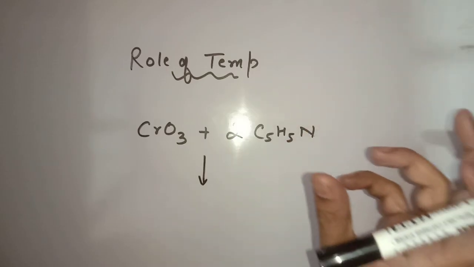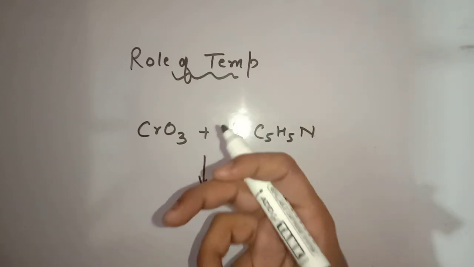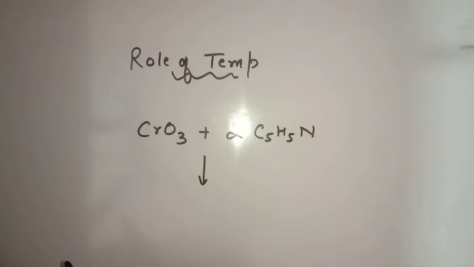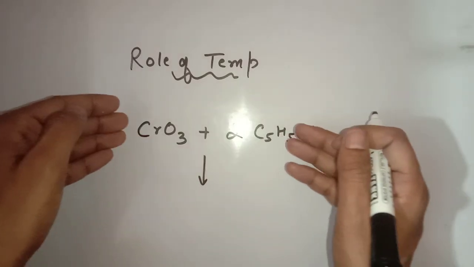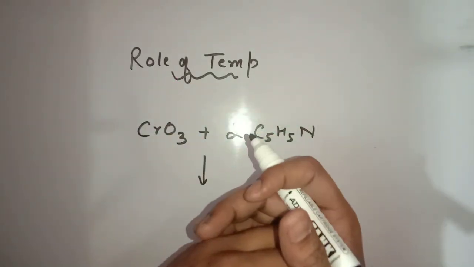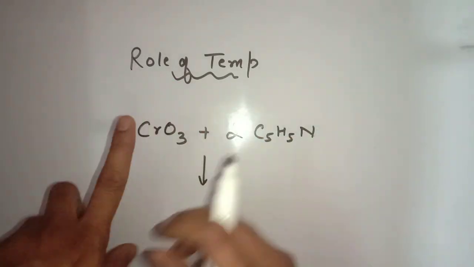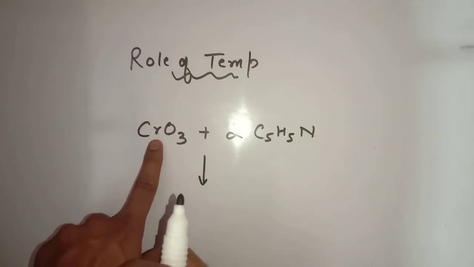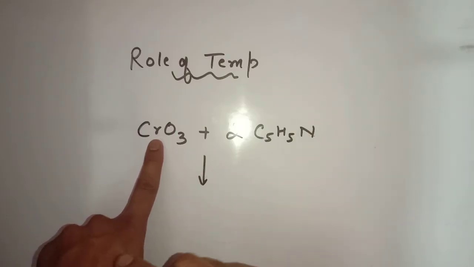It's an exothermic reaction, highly exothermic. During this process, when you are mixing chromium trioxide with pyridine, a lot of heat energy is generated. That heat energy can decompose this chromium trioxide. So it is mandatory to maintain the temperature.